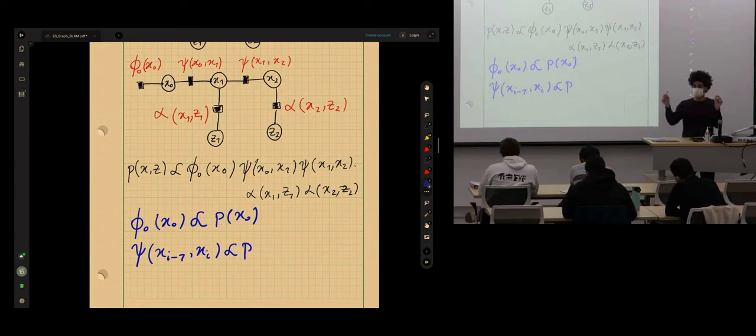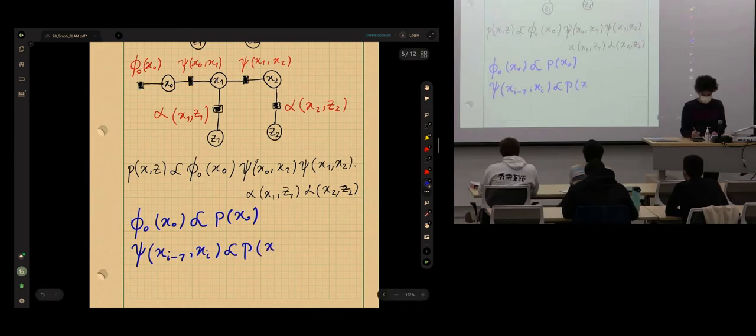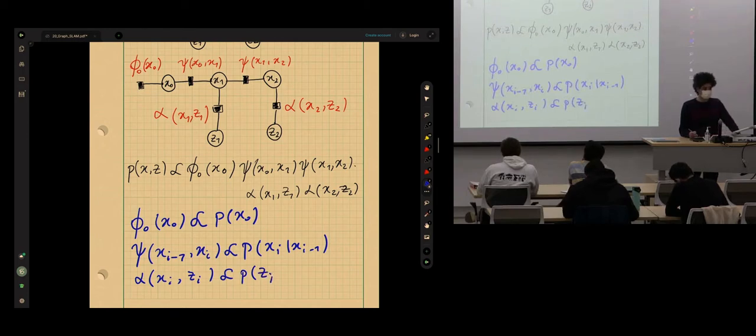So the factor that is connecting two state variables is the transition model or motion model. And the factor that describes the relationship between x_i and z_i is the likelihood.